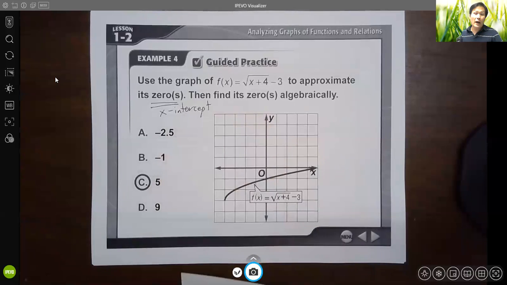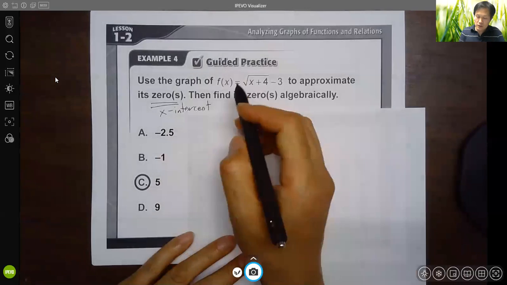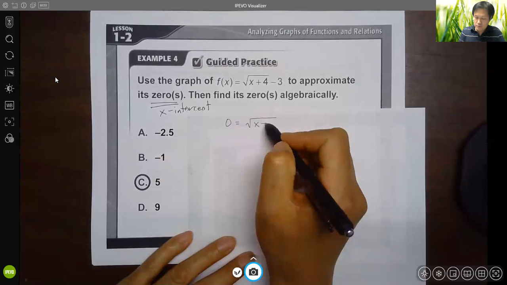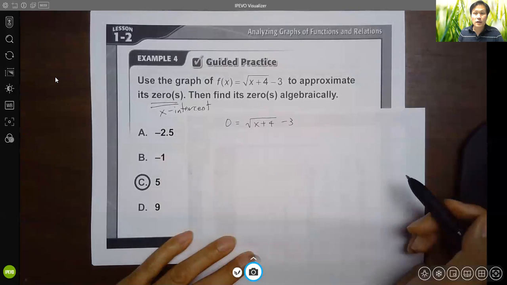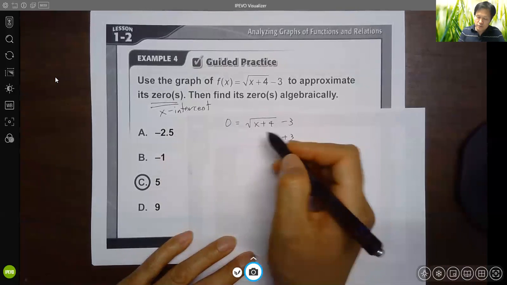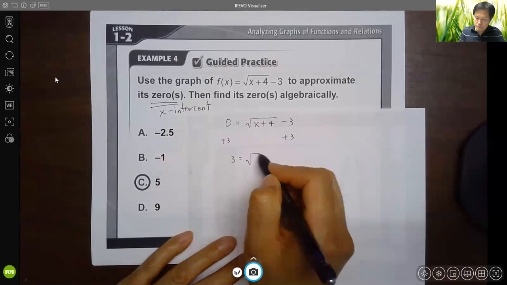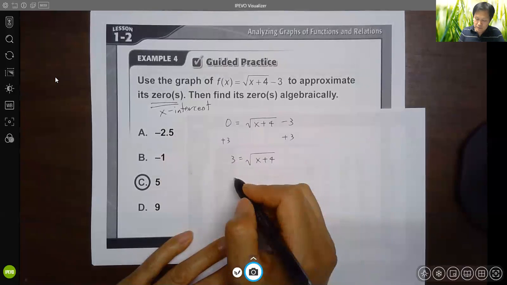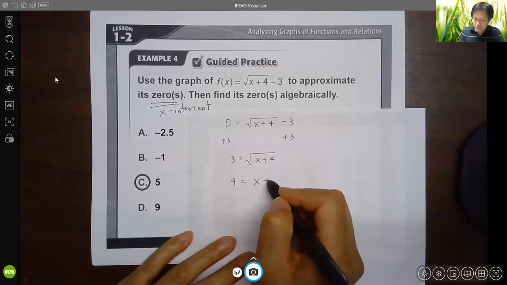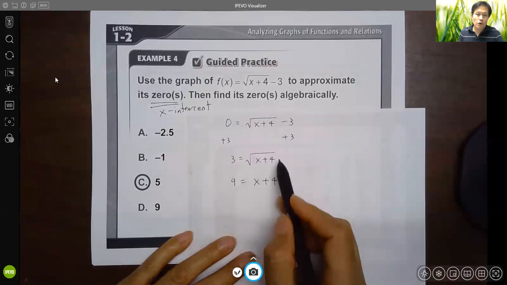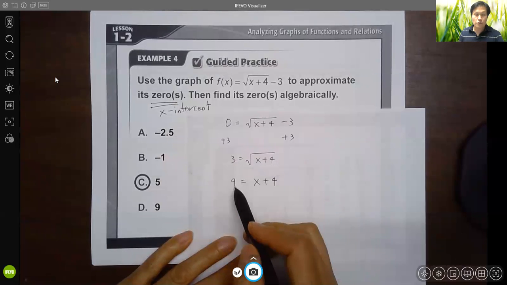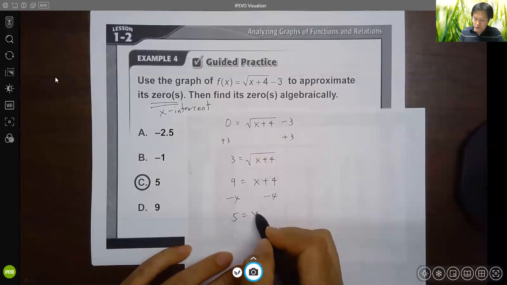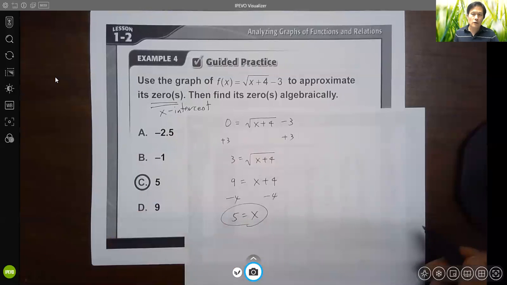So you plug in y is 0. Solve for x. Plus 3, plus 3. Getting rid of the root, square both sides. Square root and square cancel out. 3 squared equals 9. Minus 4, 5 equals x. This is how you solve algebraically.